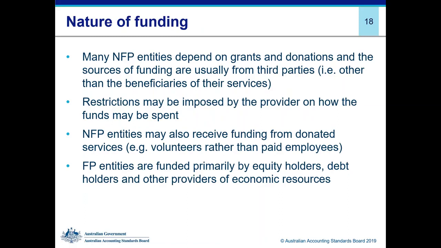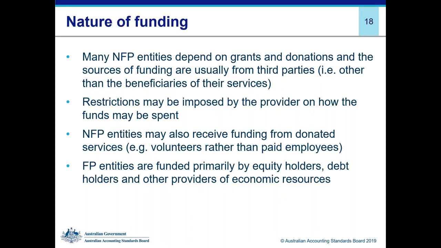Now the last indicator is the nature of the funding. Many not-for-profit entities depend on grants and donations, and the sources of funding are usually third parties, other than the beneficiaries of their services.